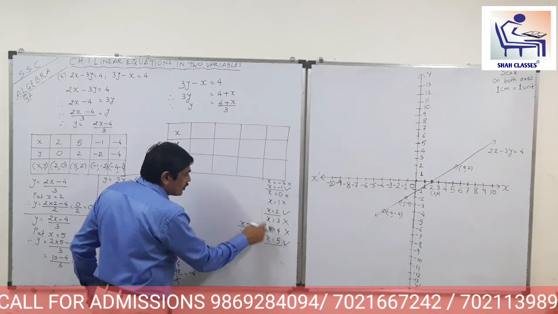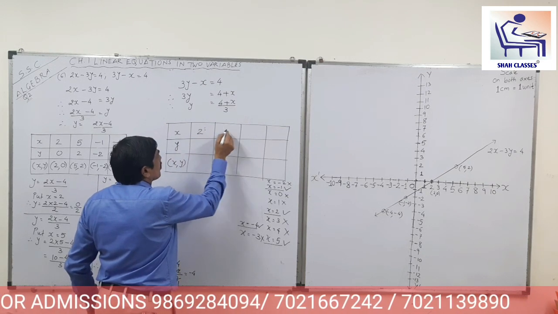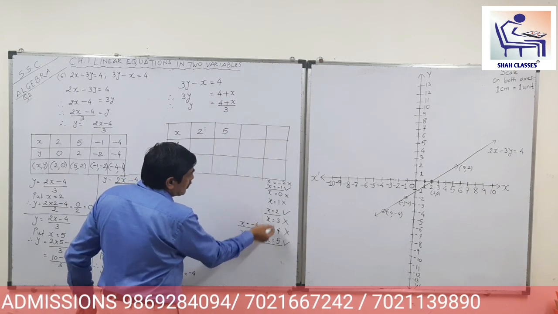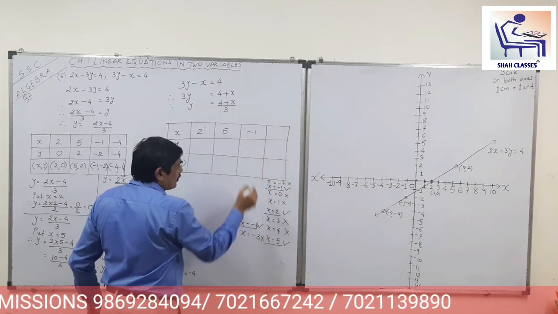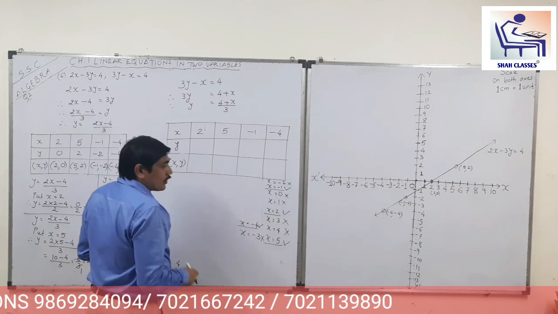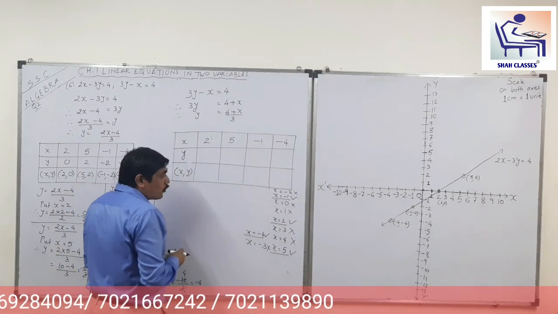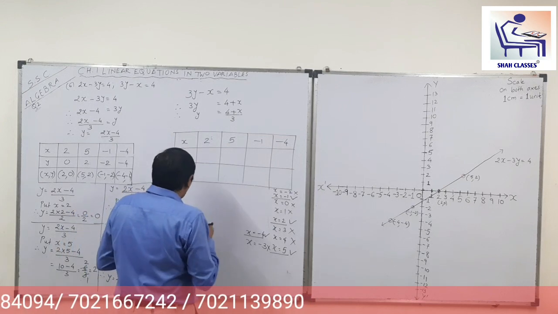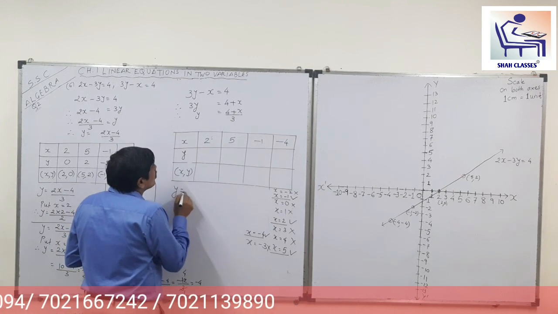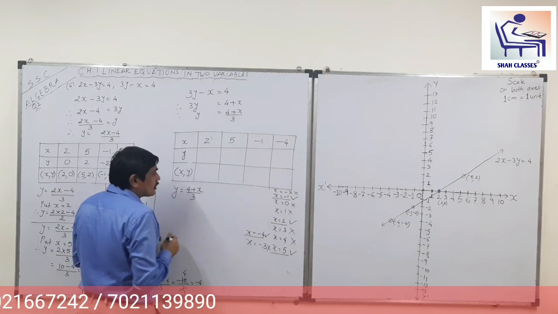Say the first value is 2, then 5, then minus 1 and minus 4. We have to find the value of y by putting these 4 values. y is equal to 4 plus x upon 3.